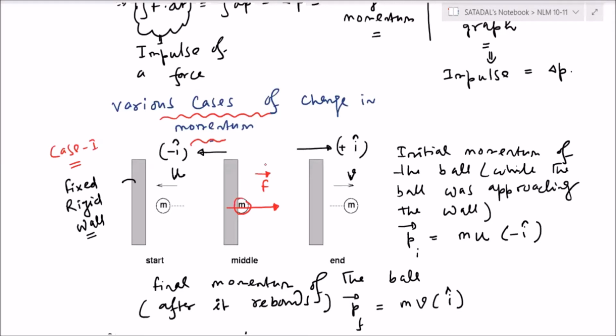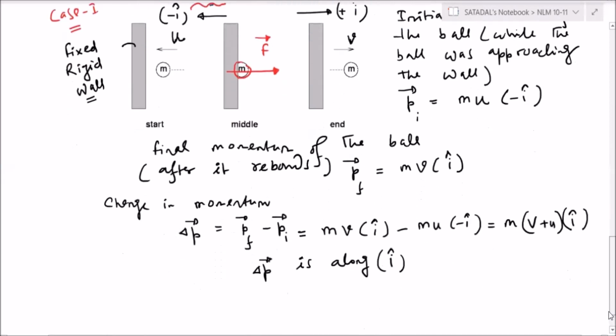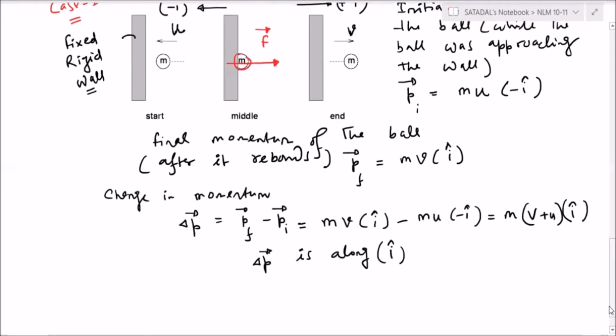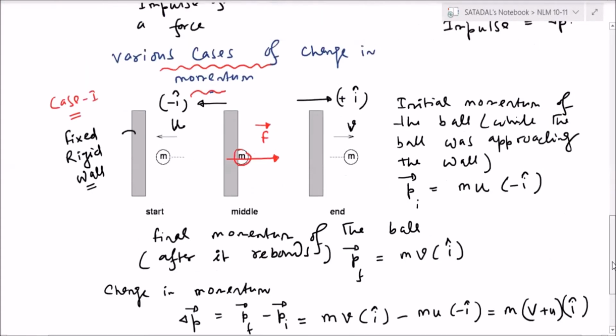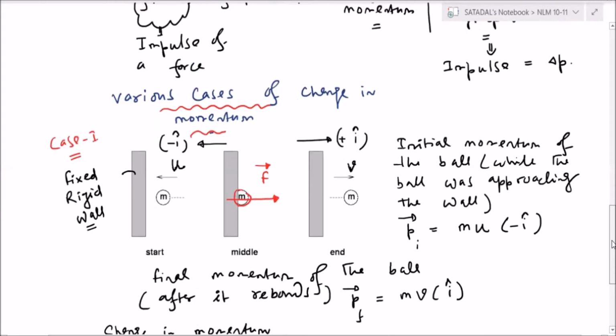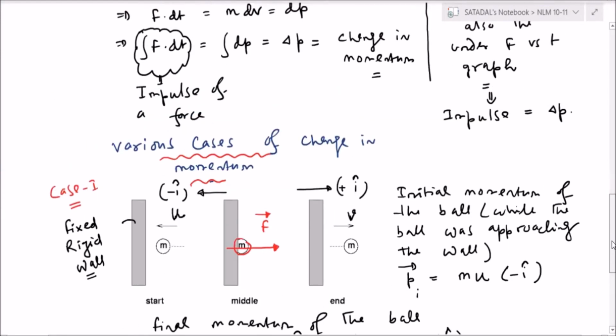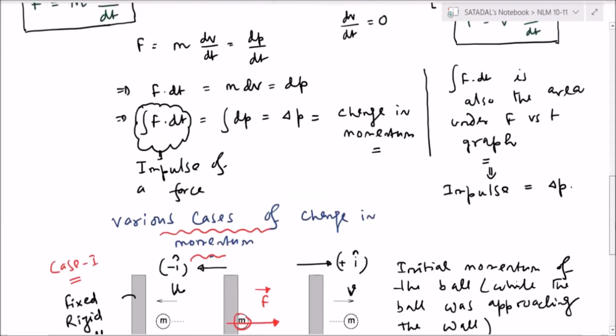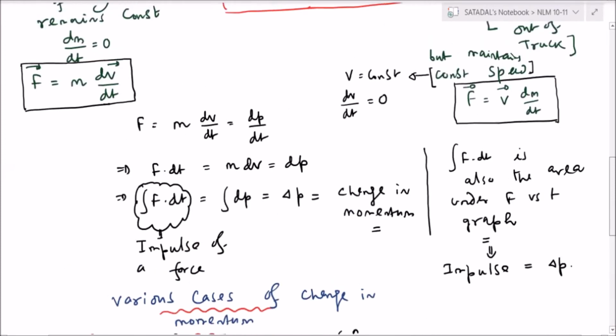Correct? Is that okay? Note it down, please.